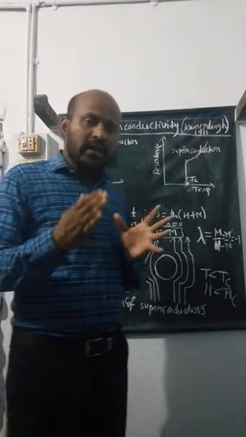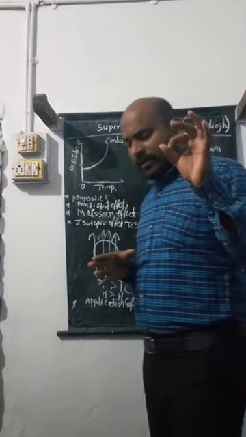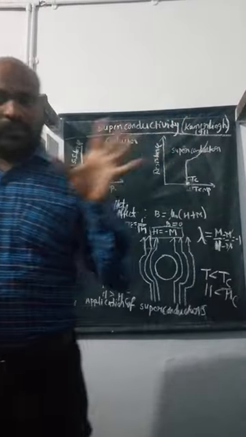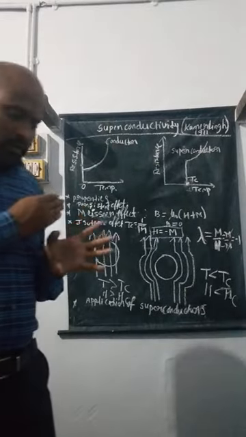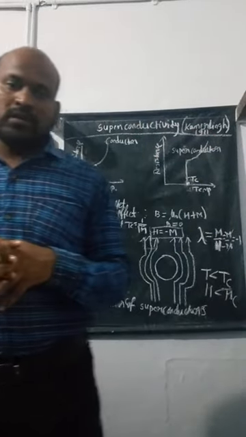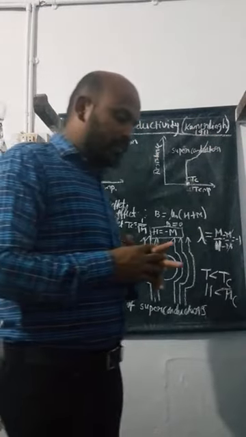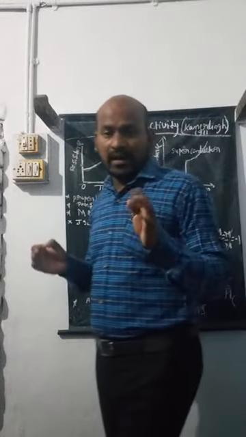Electric resistance is zero at the critical temperature or transition temperature. So current flows in the substance for a long time. Are you getting my point? Persistent means consistency.